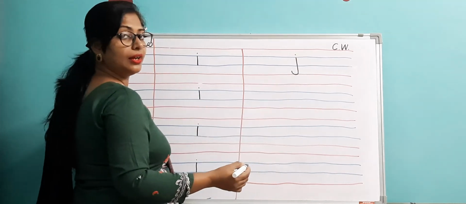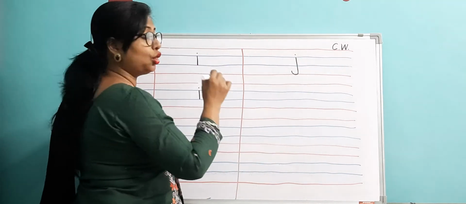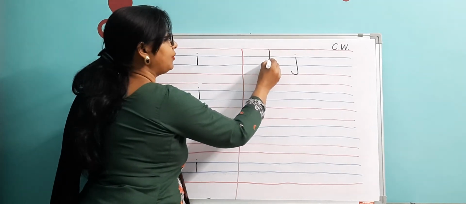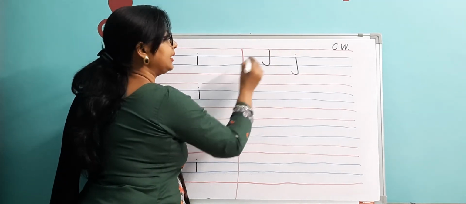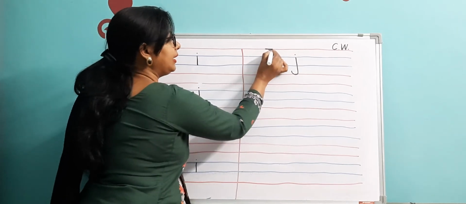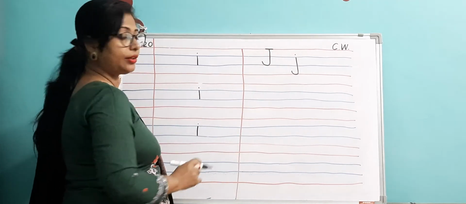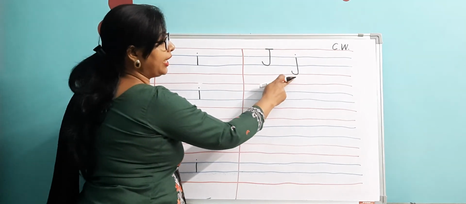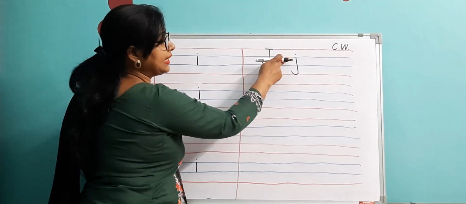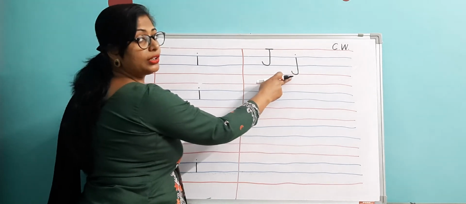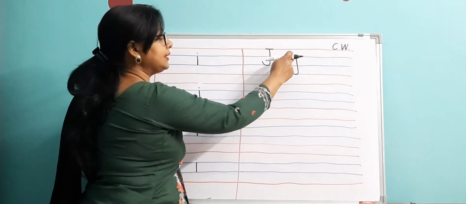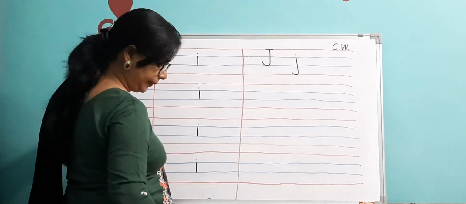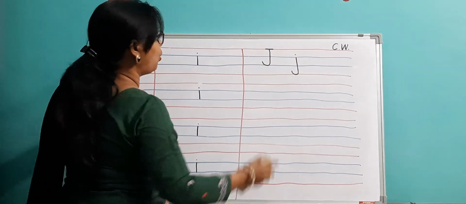Fine? Okay. How do you draw a capital J? Capital J, you start from the first line until the third line, you draw it like this, and then make a slipping line. This is capital J. But small j, how do you write? You start from the second line till the 4th line. You draw a standing line and a curve, and then put a dot over here. So this is small j.